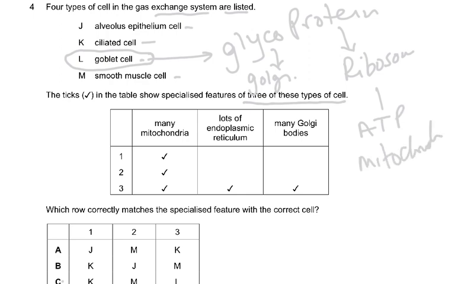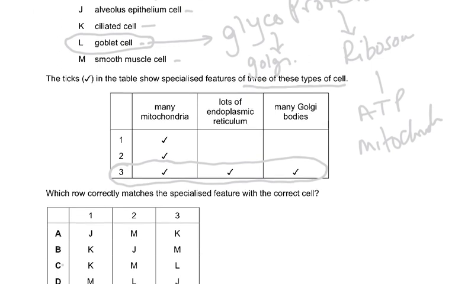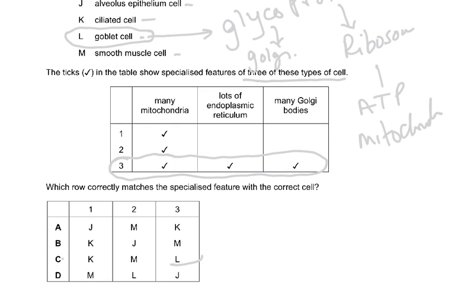So I would have said 3 has all three of them. So that has to be L. And that was the only answer. L was only present in 1. So 3 had to be goblet cell. Sometimes you've got to understand that if you know one point, that is actually the picking up point. Goblet cells produce mucus.